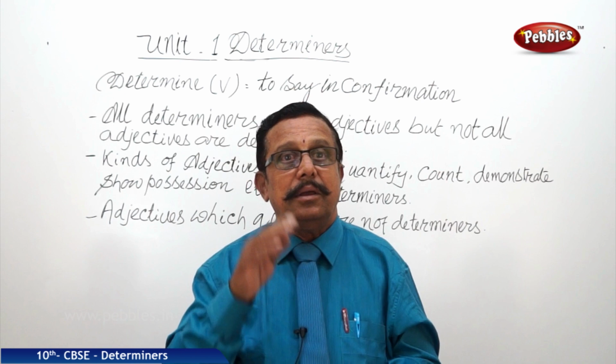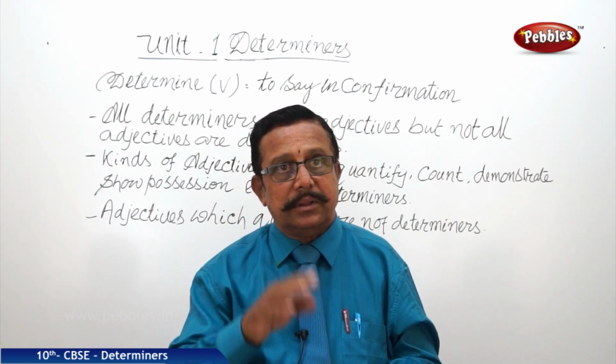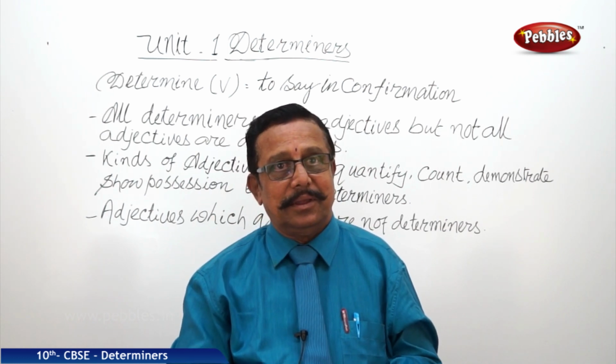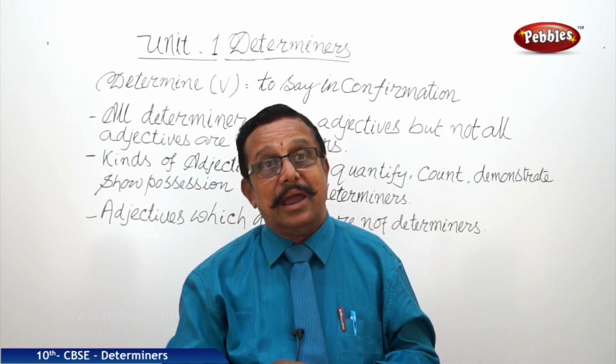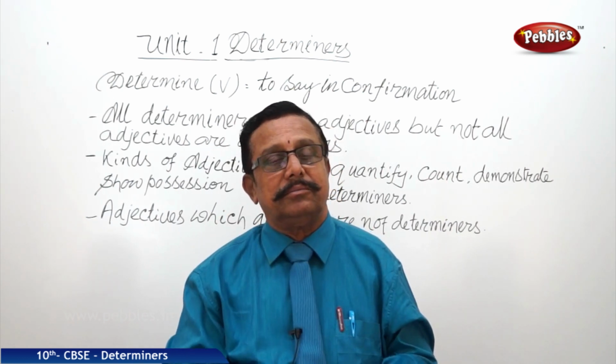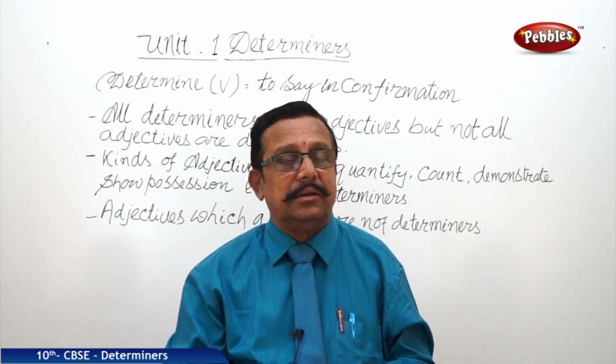But we can say, he is a good boy. The boy is good, that also we can say. You see the difference? Adjectives can be used after the noun or before the noun. But with determiners, that facility is not there.